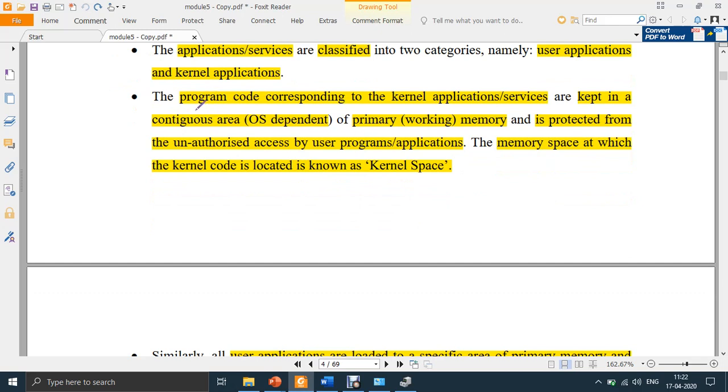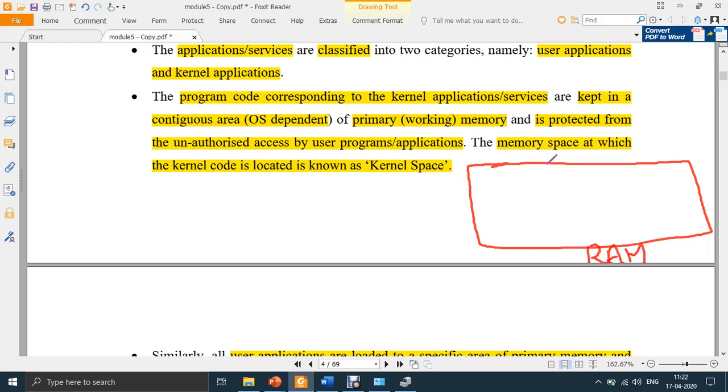The program code corresponding to kernel application services is kept in a contiguous, OS dependent primary memory, and this memory is protected from unauthorized access by user applications. This memory is known as kernel space. Let's say this is the RAM, and it is divided into two parts. The division is logical, not physical. Here is the kernel space, and this is the user space.